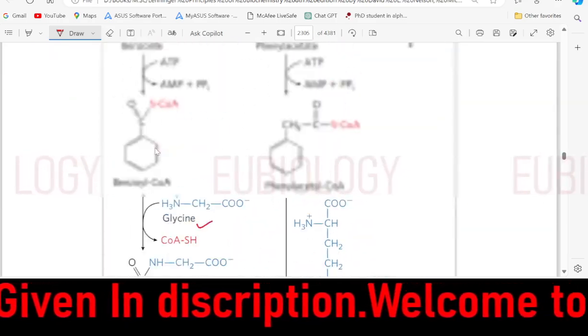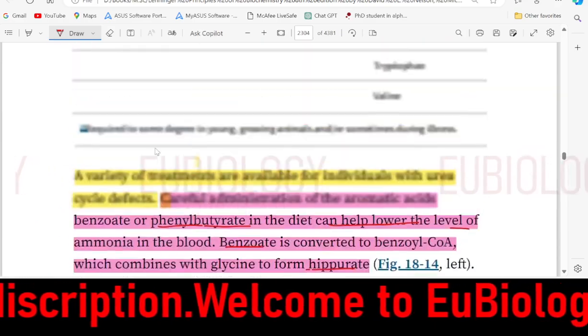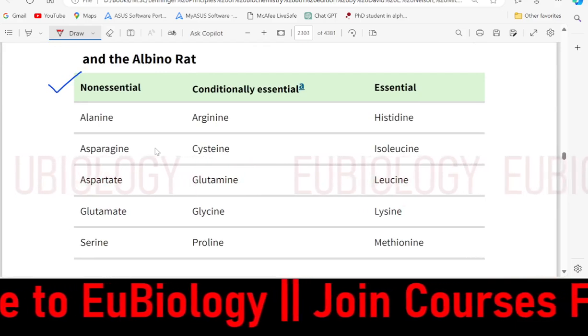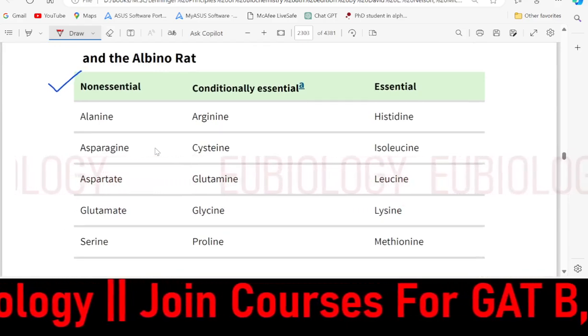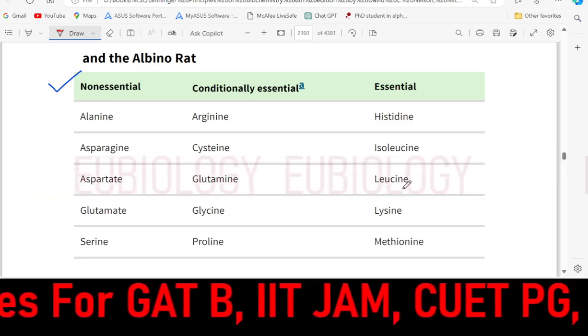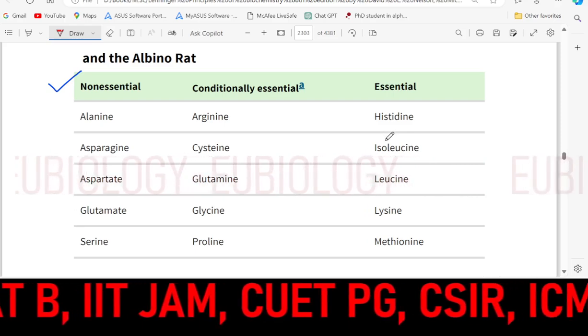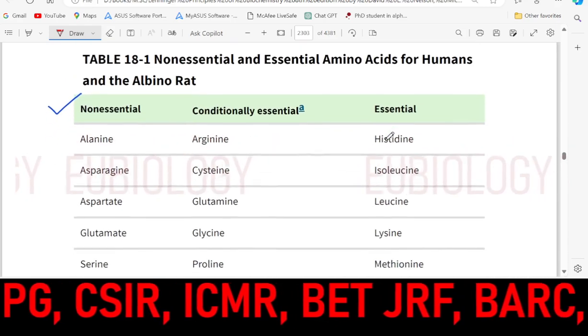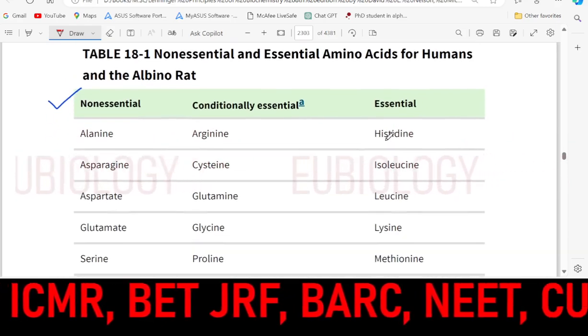Now just before finishing this class, we'll see the essential, non-essential and conditionally essential amino acids. Essential amino acids are those which cannot be synthesized in our body. We have to take them from outside, by food.